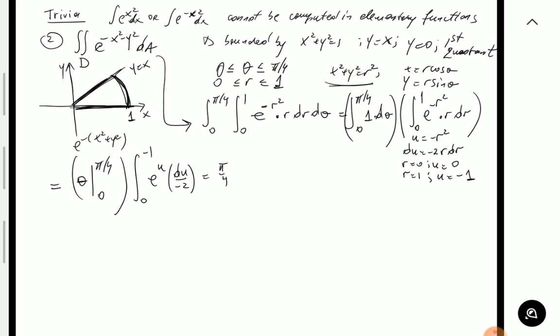So pi over 4, and then let's integrate minus 1/2 e to the u between 0 and negative 1. So we'll plug in minus 1 first. So minus 1/2 e to the negative 1.